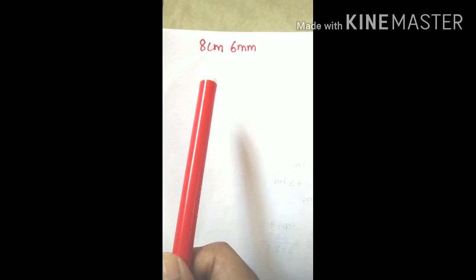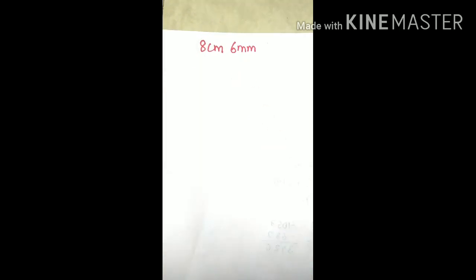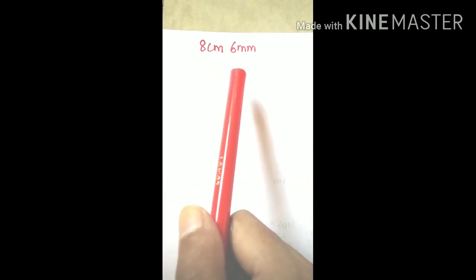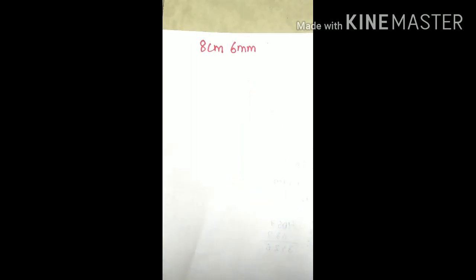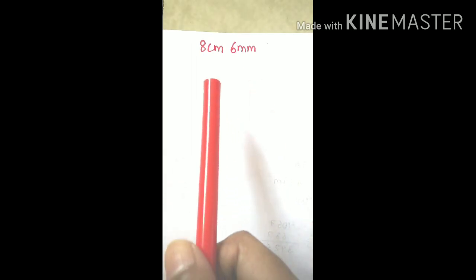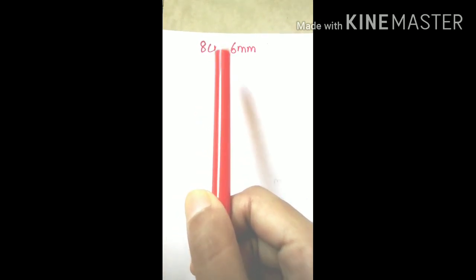Suppose a credit card has a length of 8 centimeters and 6 millimeters. And suppose we are asked to write the length of the credit card in millimeters only. Then what we have to do is change 8 centimeters to millimeters.